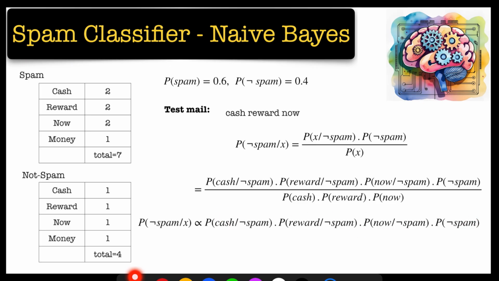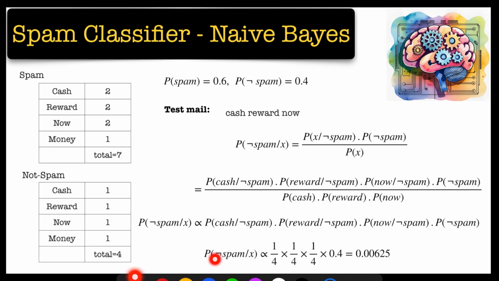Now, how many times cash occurred in not spam class? 1 times out of 4 times. How many times reward occurred in the not spam class? 1 time. So like this, we just place the numbers: 1 by 4 times 1 by 4 times 1 by 4 into this 0.4 is the probability of not spam, and we get this number.